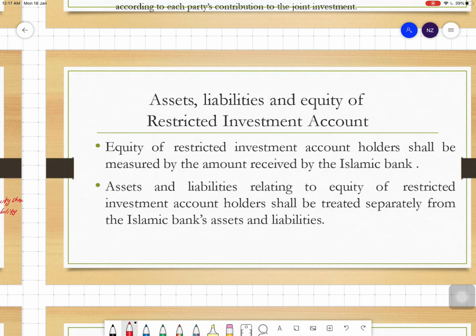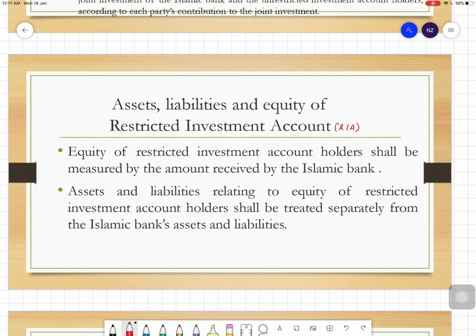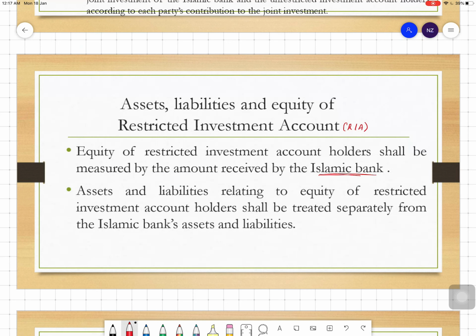And then, in terms of asset, liability and equity of the restricted investment account: what we discussed earlier was all regarding unrestricted investment account. Now we go on to restricted investment account. In terms of equity of this RIA, I will just say RIA, it is tiring to say it in full. The equity of RIA must be measured and received by the Islamic bank, same as UIA. And the asset and liability relating to the equity of RIA shall be treated separately from the Islamic bank's asset and liability.